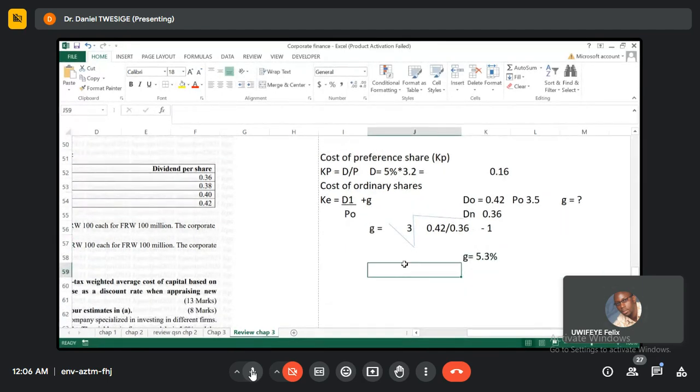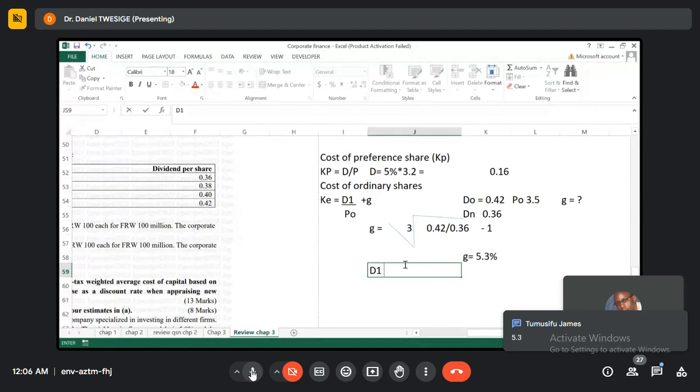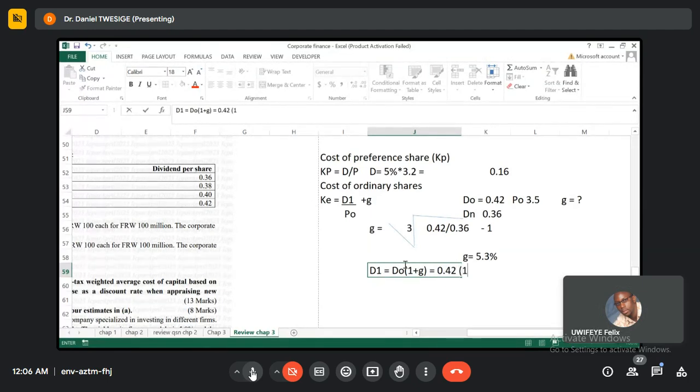So once I have this, I can now get my D1. D1 is equal to D0 into 1 plus G. So if I substitute, it will be 0.42 into 1 plus 0.053.